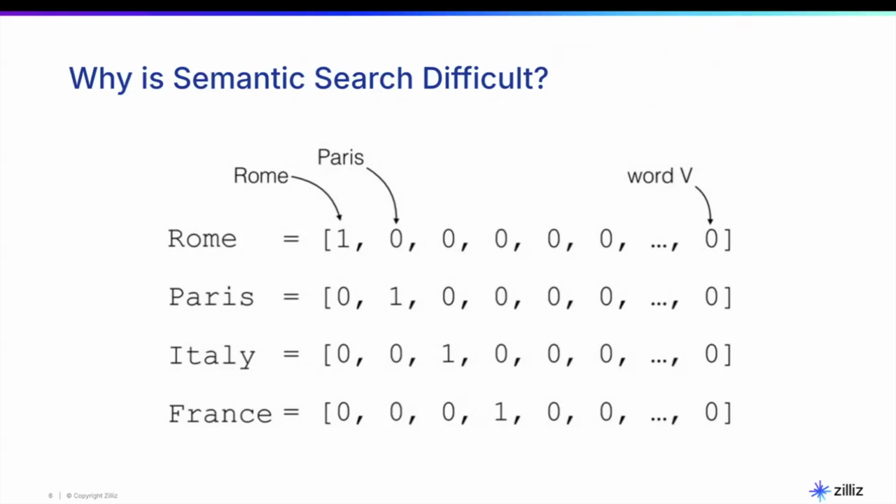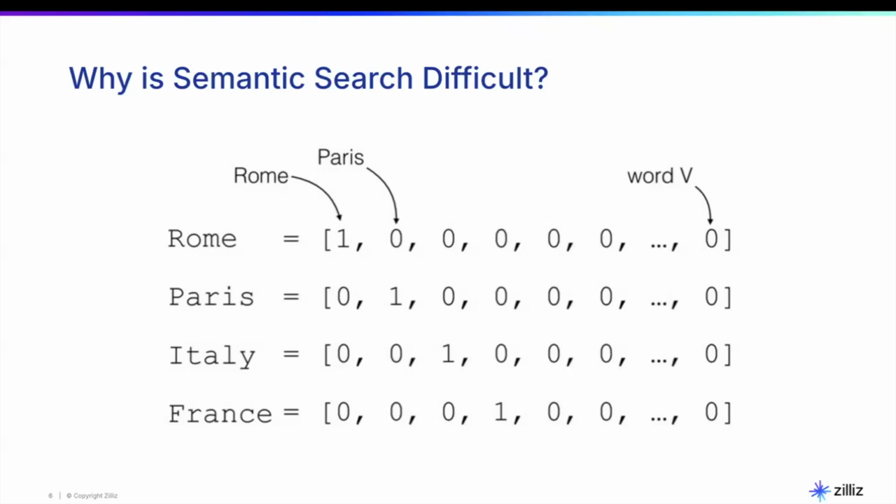semantic search requires good representations of words, sentences, and paragraphs that capture the relationship between them, such as the relationship between the word dog and cat. Traditionally, before deep learning really exploded about 10 years ago, we would just use one-hot or bag-of-words embeddings.